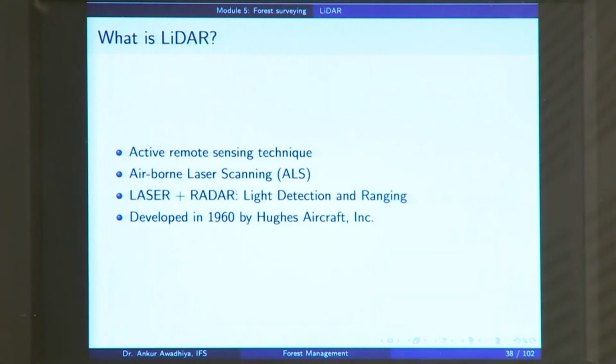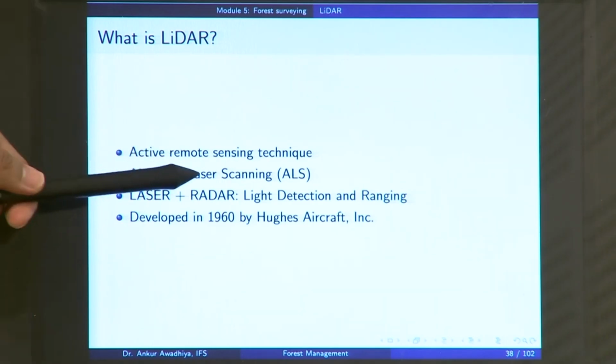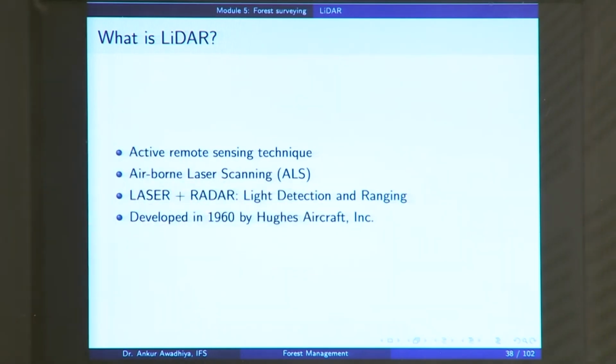So, with this term you can get an idea about what LiDAR is. It is airborne, so you are using an aircraft or maybe a drone, but the platform is airborne. It is not on the ground, it is not in space, it is airborne, and it is laser scanning. So, you are using a laser to scan your object. It was developed in the 1960s by Hughes Aircraft Incorporated.